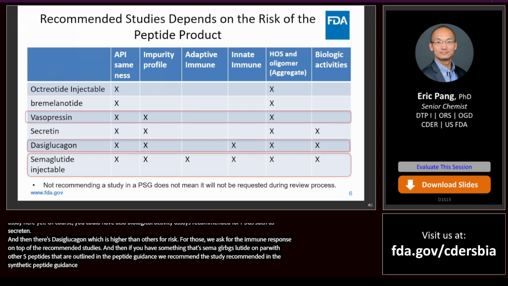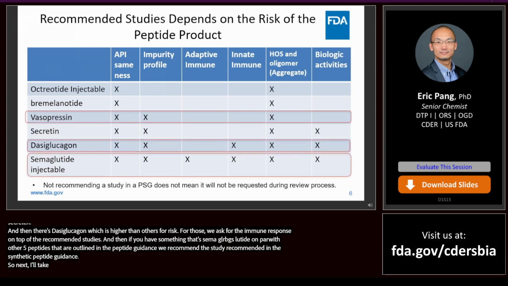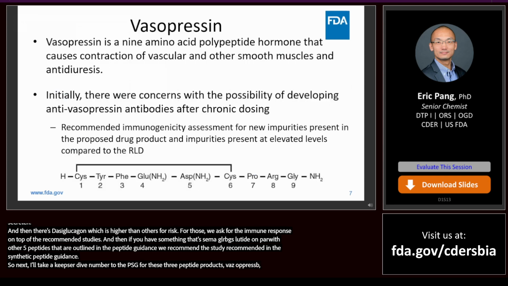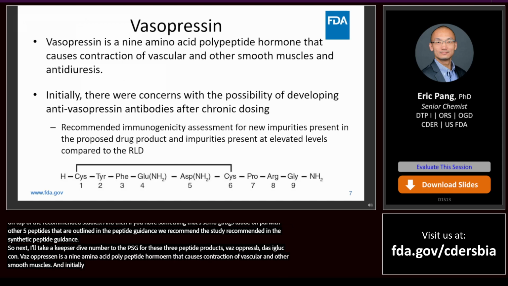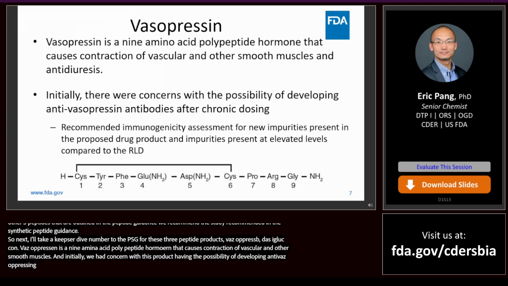So next, I'll take a deeper dive into the PSG for these 3 peptide products: vasopressin, dasiglucagon, and semaglutide. Vasopressin is a non-amino acid polypeptide hormone that causes contraction of vascular and other smooth muscles. So initially, we had concern with this product having the possibility of developing anti-vasopressin antibodies after chronic dosing.